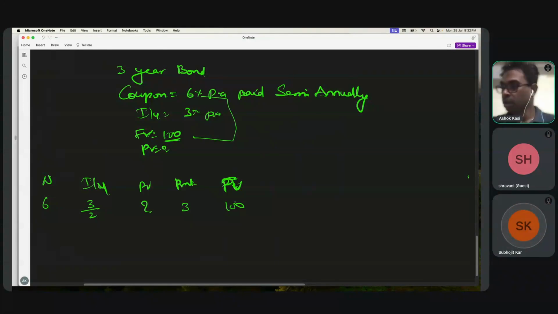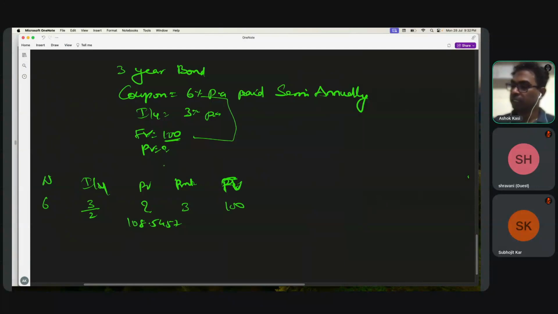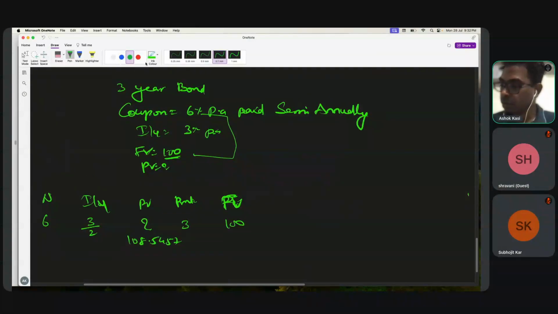It's 108.5457, which is fine. So constant yield price trajectory means the same sum as the time passes on. Let's say after 6 months, it will become a 2.5-year bond.